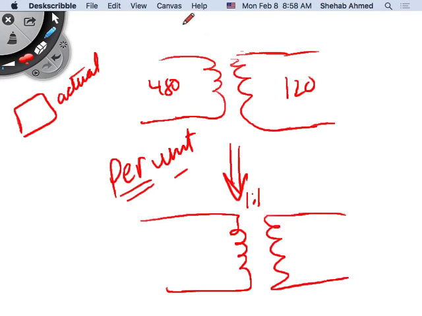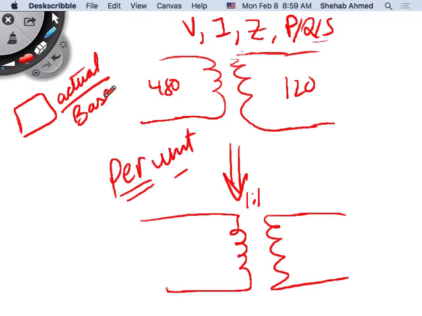We have 4 quantities in electrical engineering: voltage, current, impedance, and power. Power is active, reactive, or apparent power in general. Anytime I take my quantity and divide it by a base value, I get my per unit value. This is the definition.